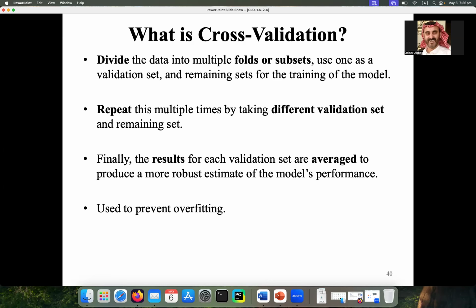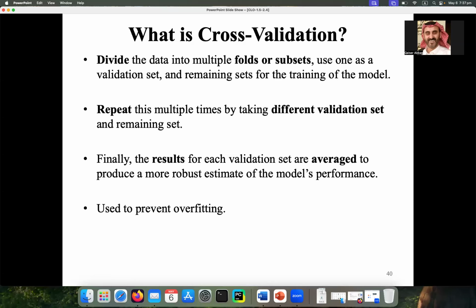Then you train your model on this division. And then you repeat this process. You take another fold or subset out, the remaining is the training, and then you train the model again. You keep doing this until all folds have been taken as test data. So this is what cross validation is called.